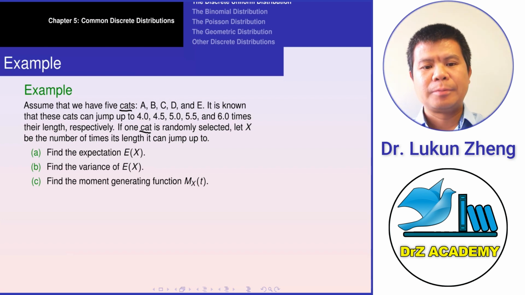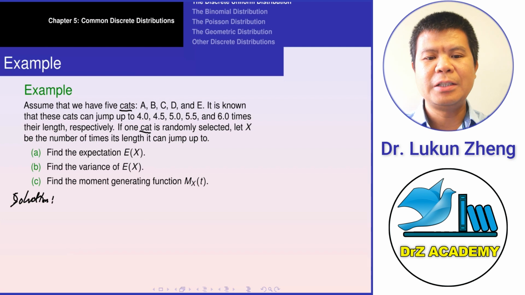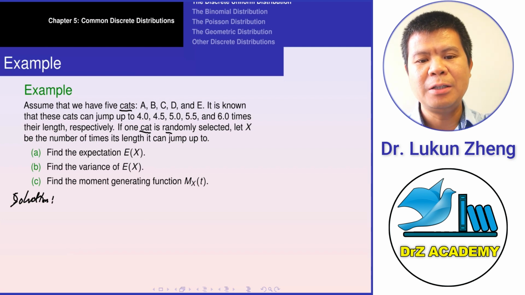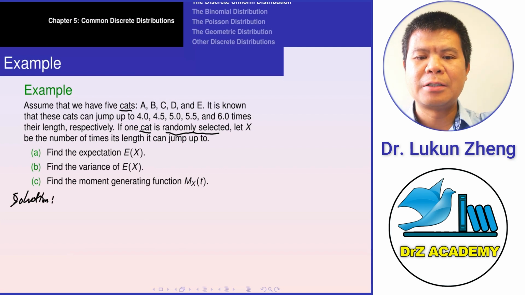Solution. Since a cat is randomly selected, their chances are exactly the same, 1 over 5.